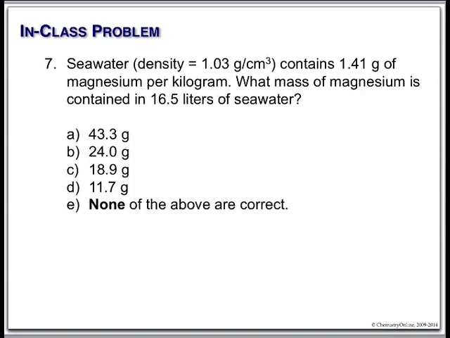That's about 16.5 kilograms. Every one kilogram has 1.4 grams. Our mass turns out actually to be 17 kilograms. Multiply by that, and you get the amount of magnesium.